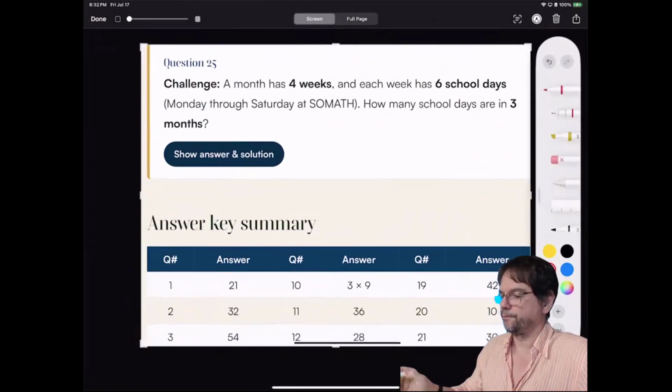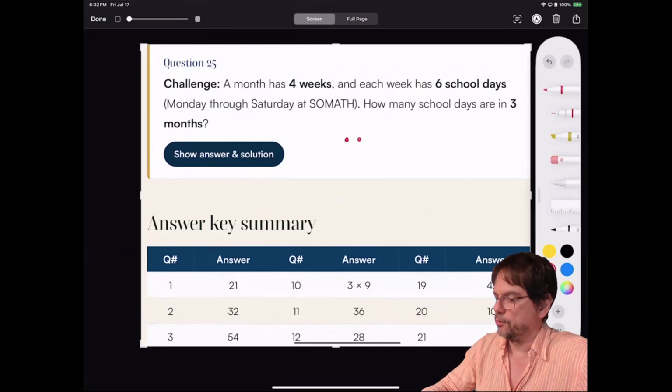Each week has 6 days. 1, 2, 3, 4, 5, 6. How many weeks do I have?